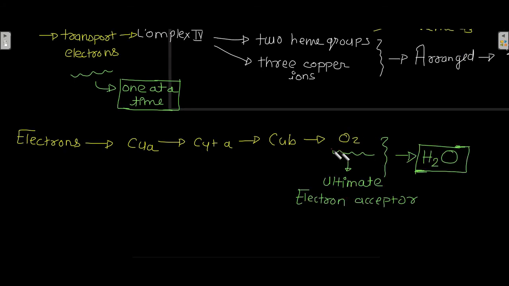Oxygen is the ultimate electron acceptor, and when oxygen accepts electrons from CuB, water is formed. So that is how electron transport occurs within cytochrome complex 4: first to CuA, then to cytochrome A, then to CuB, then finally to oxygen.